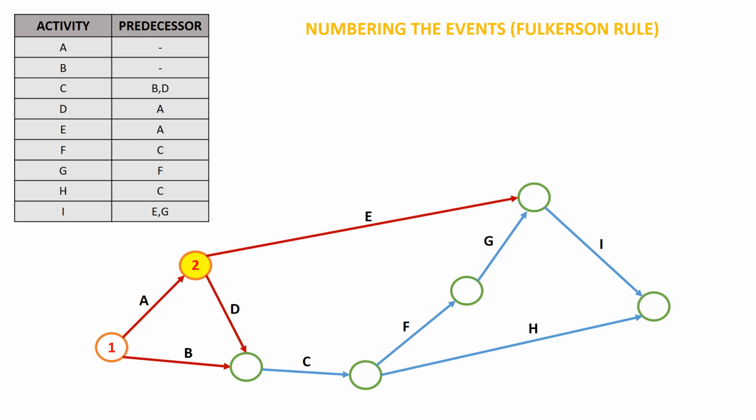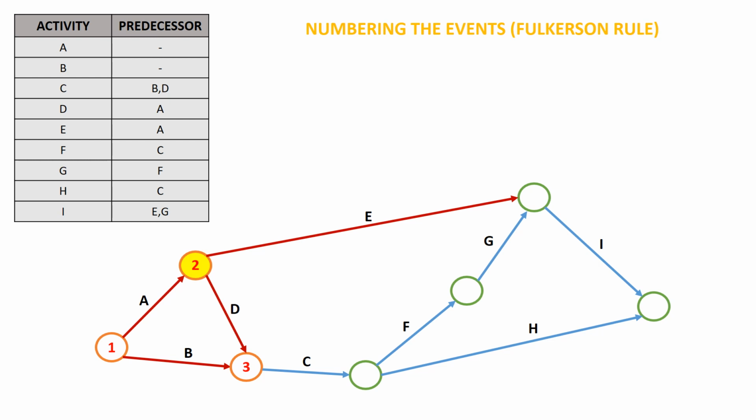The event after activity B and activity D has been totally traced. Therefore, I can number that event as event number 3, whereas the event after activity E cannot be numbered since there is one activity G which has not been traced. Therefore, I can only number the event 3, which is after activity B and activity D.